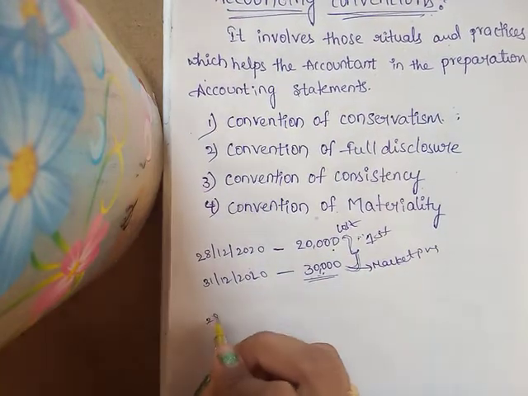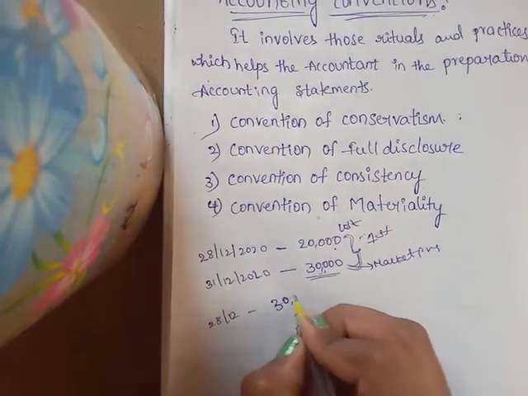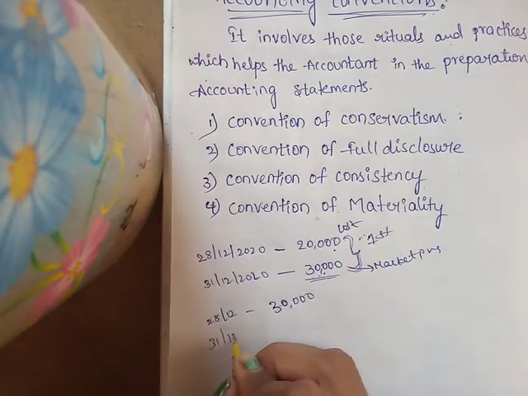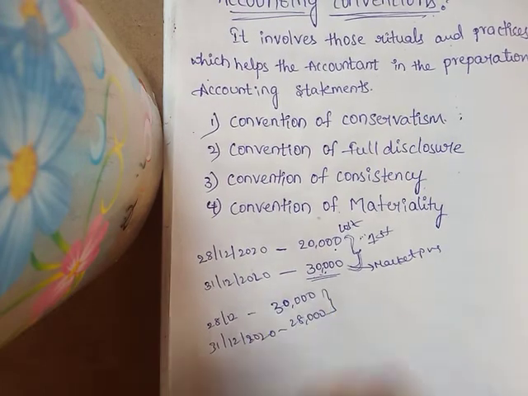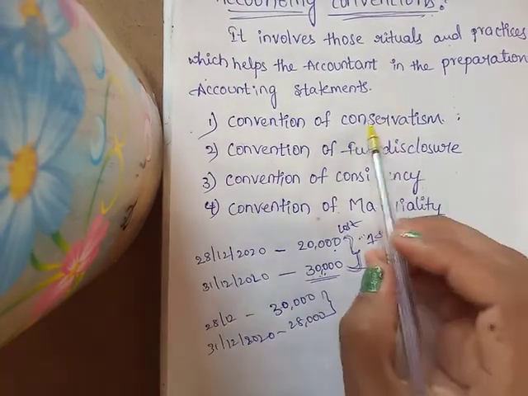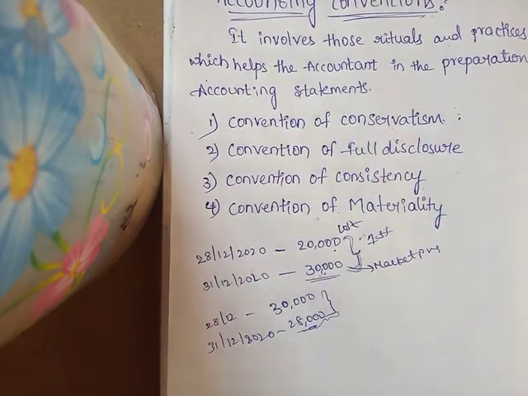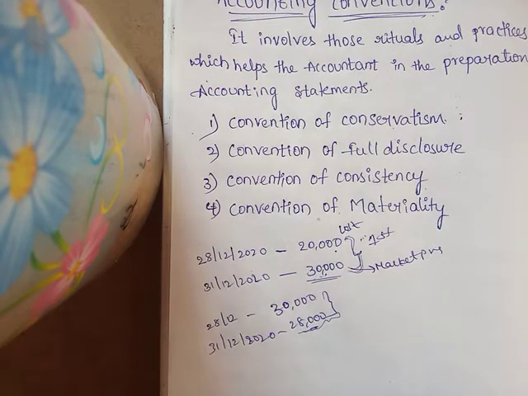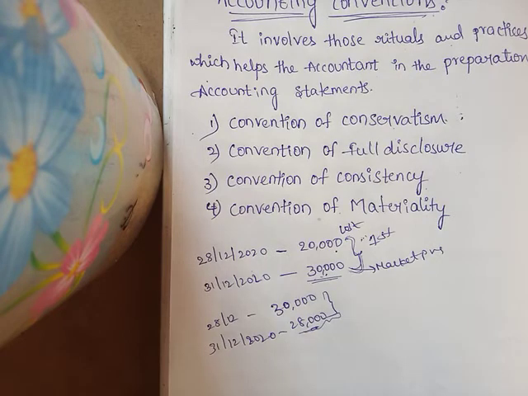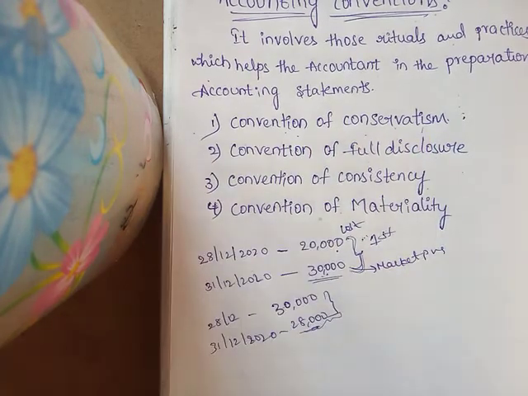Or else, on 28th December, the cost price is 30,000 and the market price is 28,000. According to the conservatism concept, you have to record 28,000. Whichever is the lowest amount, only that you have to record in the books of accounts. This is the concept of the convention of conservatism.